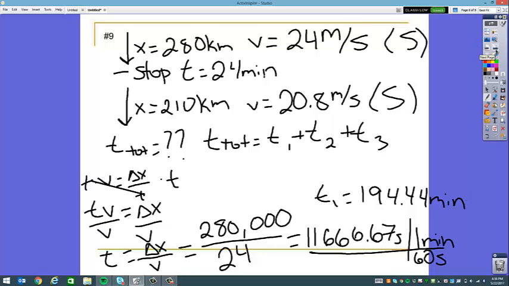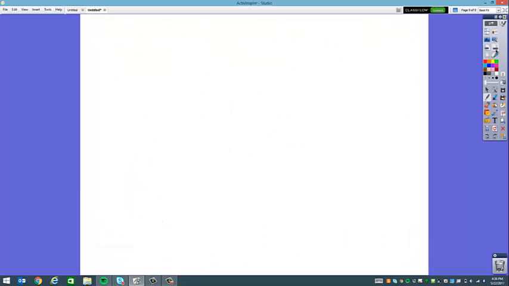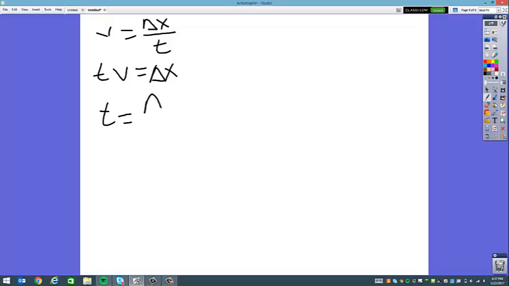Okay, now you're going to do the same thing for T3. So again, I have my velocity equals delta x over t. So t v equals delta x, so t equals delta x over v. So then t is going to be my new displacement.